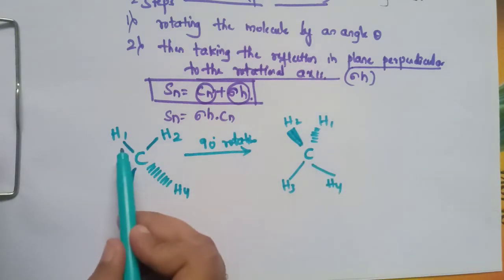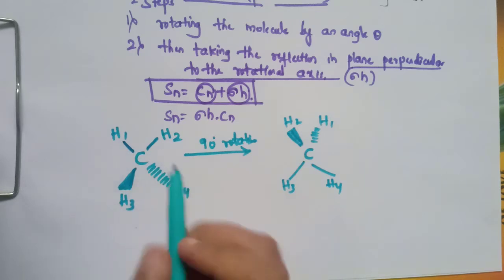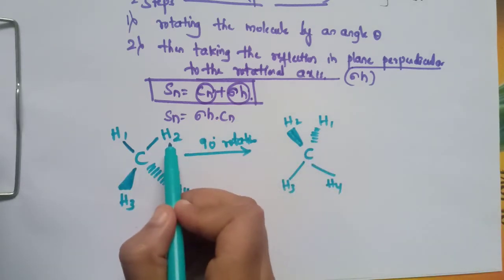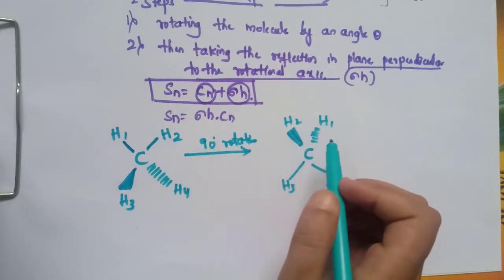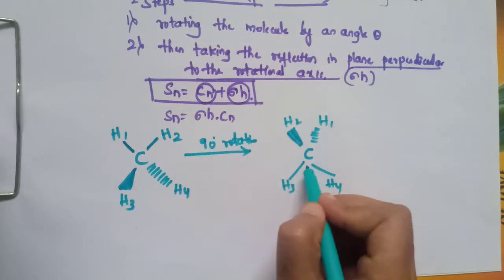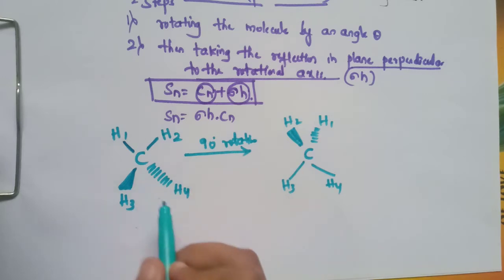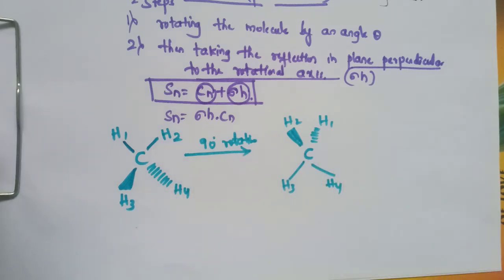Here H1, which was on the plane of the paper, has gone away from the observer, whereas H2, which was on the plane of the paper, is towards the observer. H3, which was towards the observer, has become on the plane of the paper, and H4, which was away from the observer, is also on the plane of the paper.